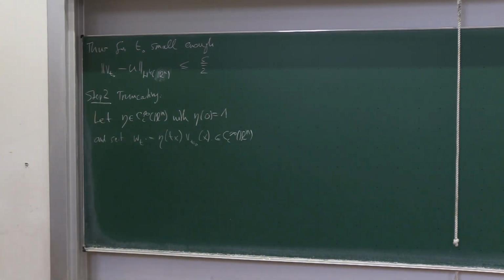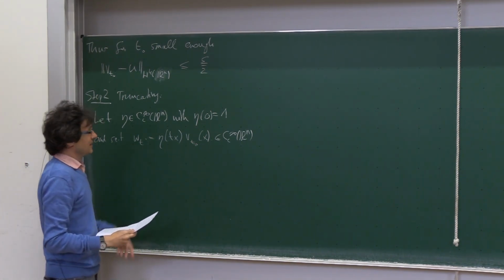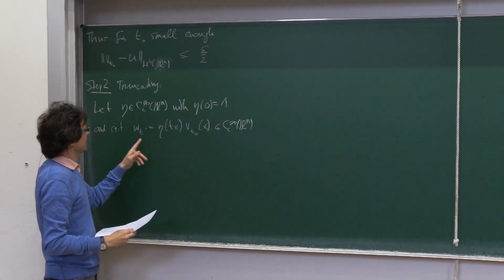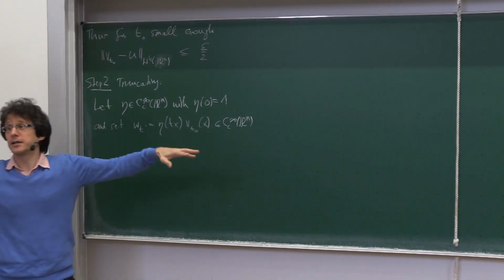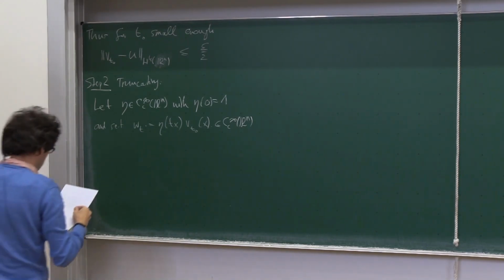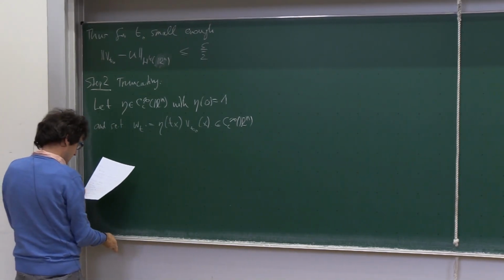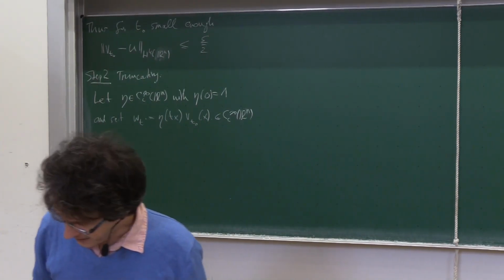So this is a C infinity function in HK. And we have to now shrink the t. Now if you shrink the t, the support of eta gets wider and wider. And the hope is that we will get a convergence in HK. And this is what we still have to calculate.